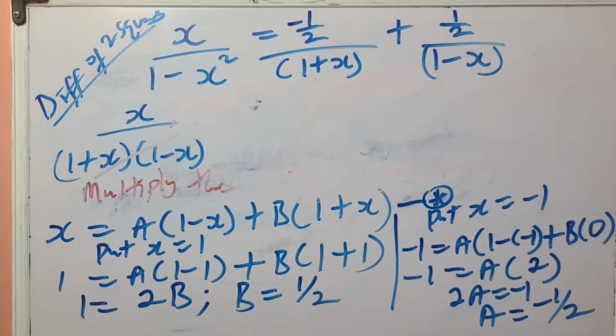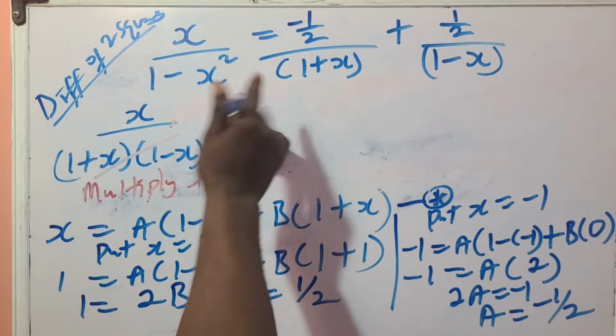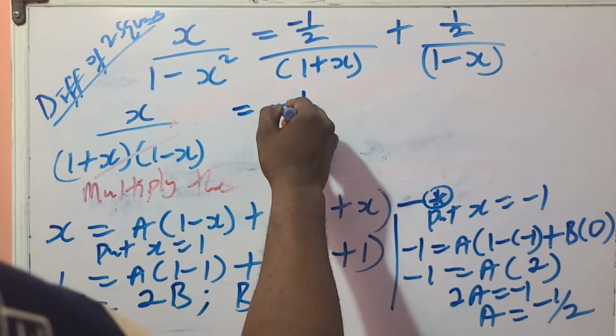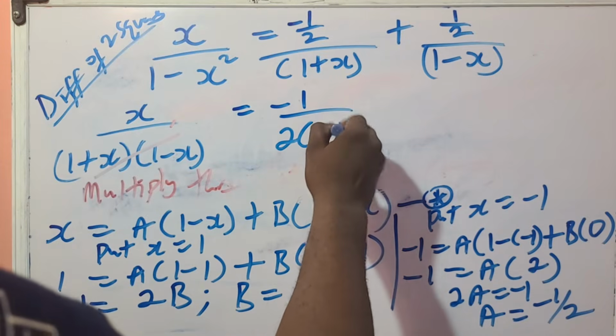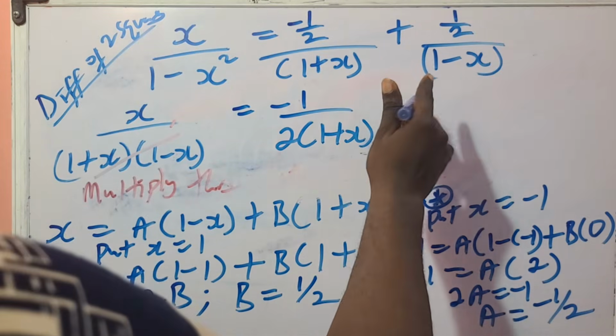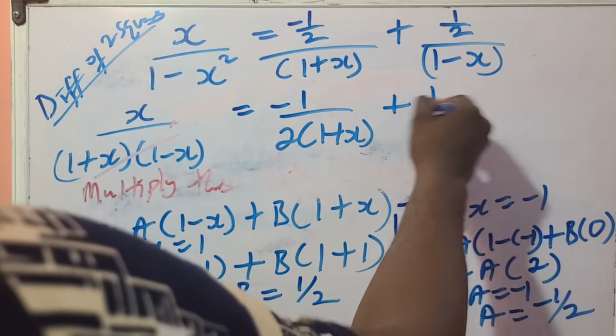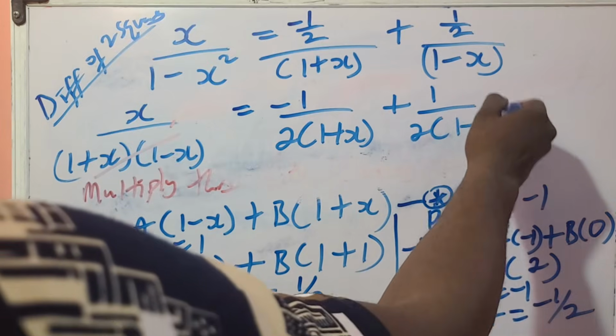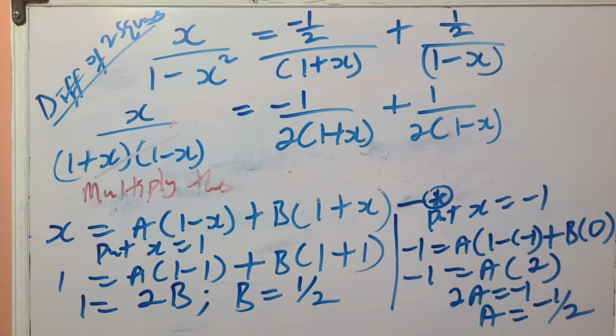So you can finalize by writing it as equals to minus 1 over 2 into 1 plus x plus 1 over 2 into 1 minus x. And this will be your final answer for your partial fraction.